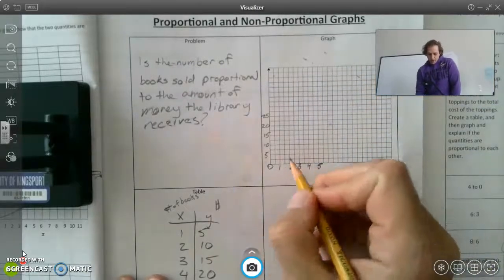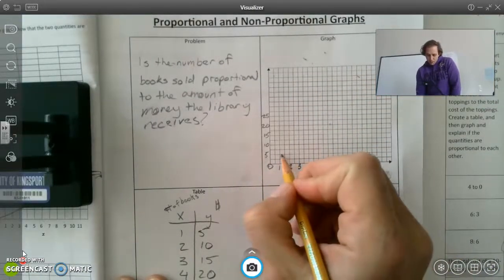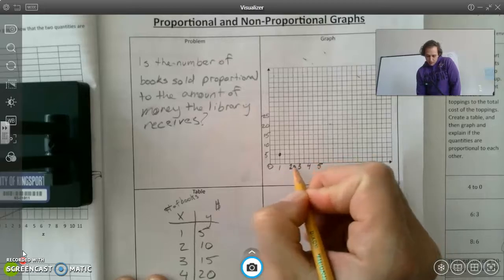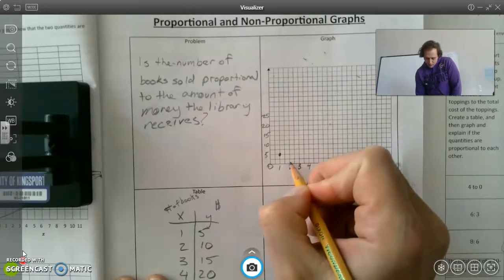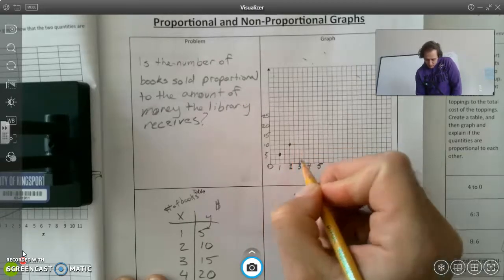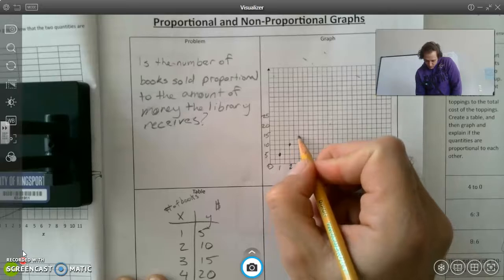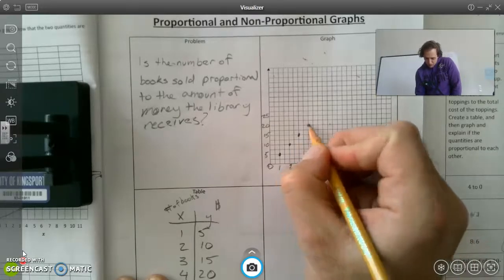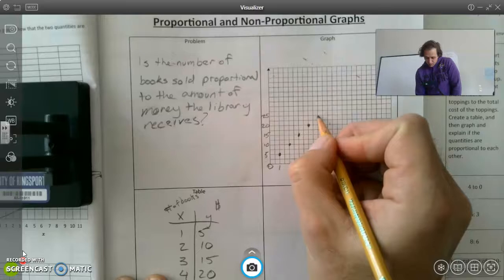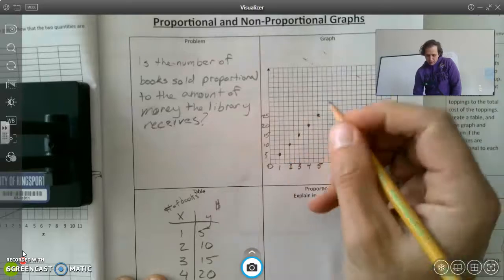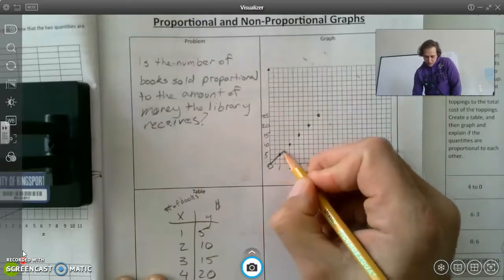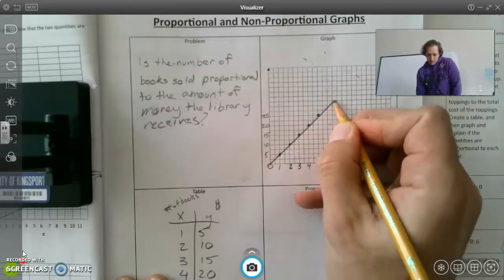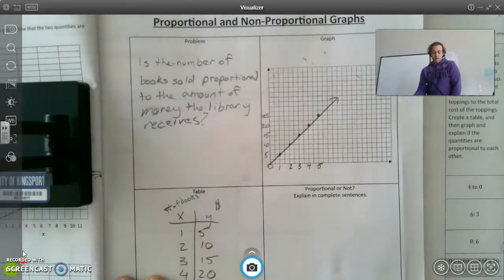Alright. When X is 1, Y is 5. When X is 2, Y is 10. When X is 3, Y is 15. When X is 4, Y is 20. And when X is 5, Y is 25. Connect those, and that appears to be a straight line.